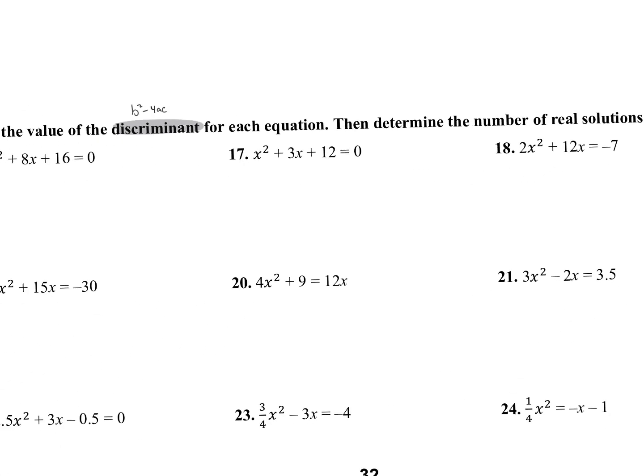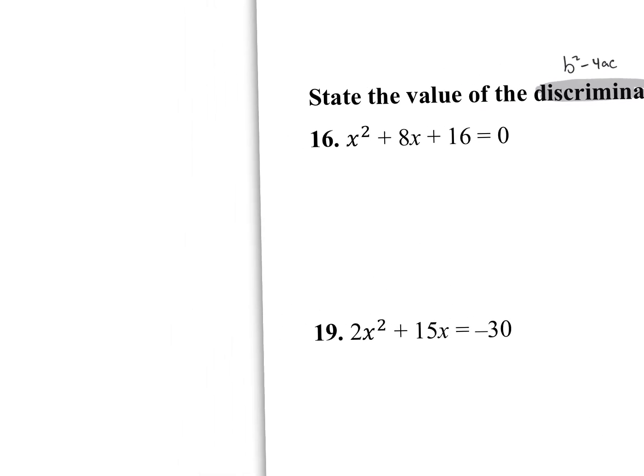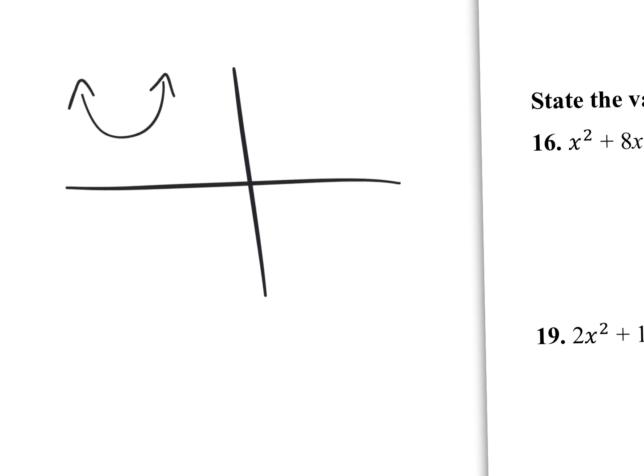Now, you may have no real solution. You may have only one solution. You may have two solutions, right? Visually, that would imply that your parabola may not cross at all. Remember, the solutions are the x-intercepts. So if the parabola doesn't touch the x-axis, it has no real solutions. Or your parabola may just touch the x-axis at one location, like, let's say at 5.